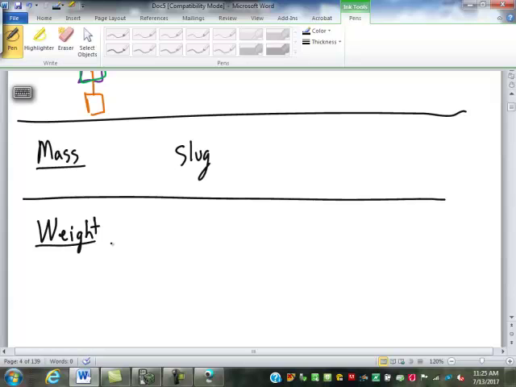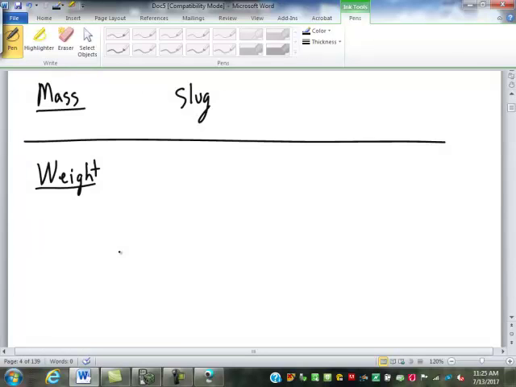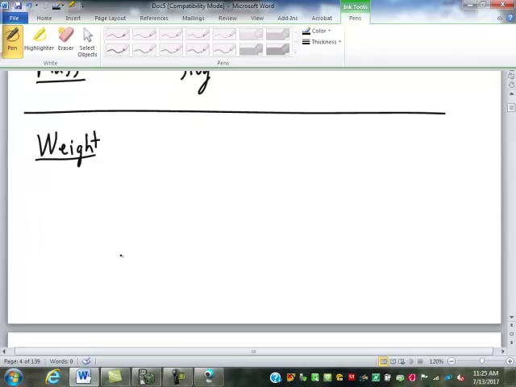Now, I've already mentioned pounds, but let's go up to our largest unit of weight. The large unit of weight we tend to use is a ton. 1 ton is known to be 2,000 pounds.